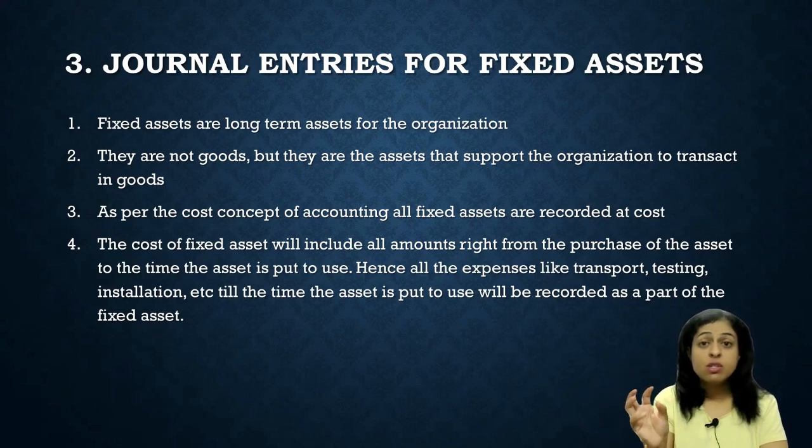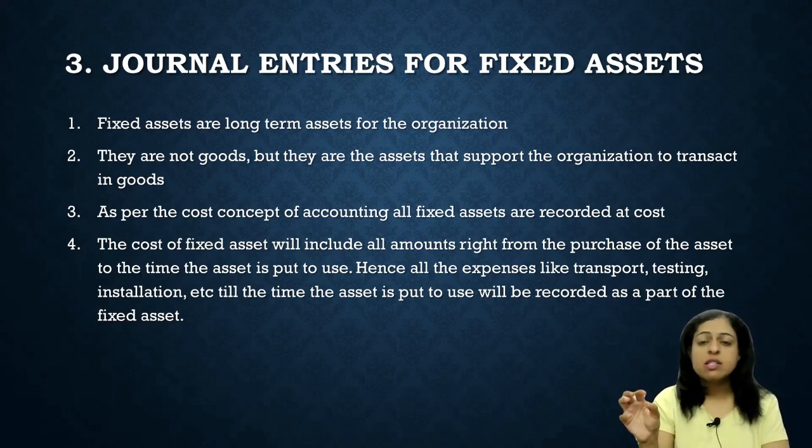So this is where it's very important when you're journalizing such transactions, you have to remember that all the amounts, the fourth point in this particular slide, if you see, the cost of fixed asset will include all amounts right from the purchase of the asset to the time the asset is put to use. This line, remember, very, very important.